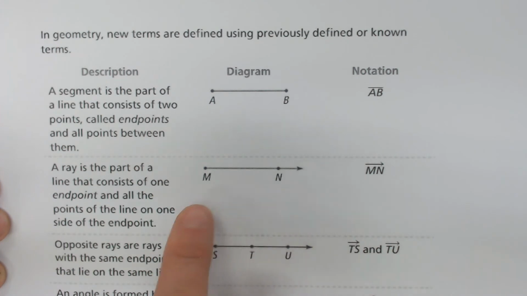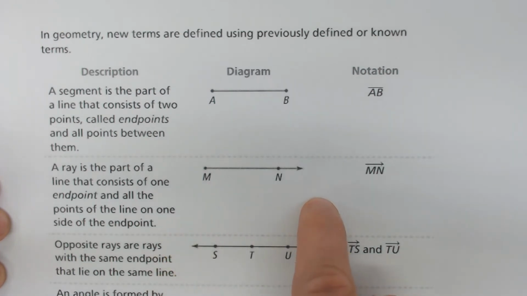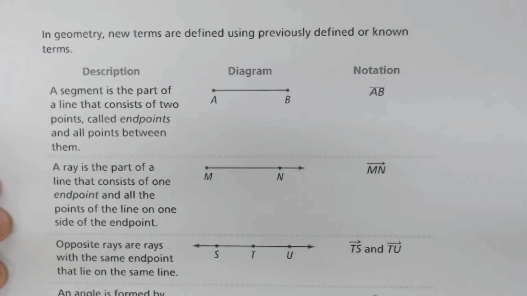Right underneath it, we have what we call a ray, and this is the first one that I feel like maybe nobody's ever really heard of. A ray is a line that only goes in one direction, okay? So I like thinking of it like a sun ray, a ray of sunshine. It originates from the sun, and it only goes away from it. It's not going in both directions.